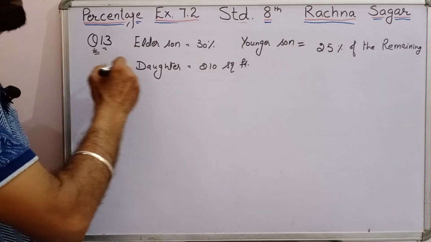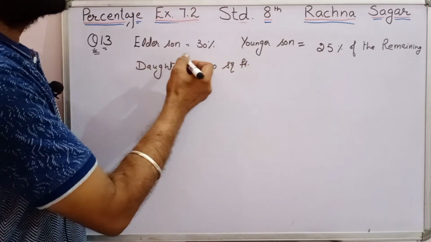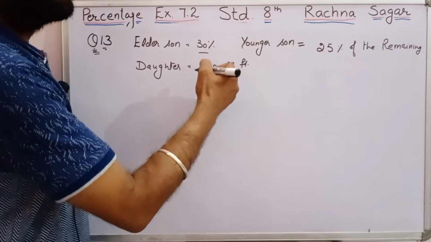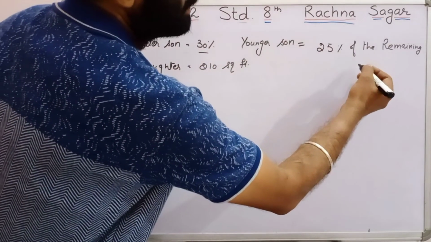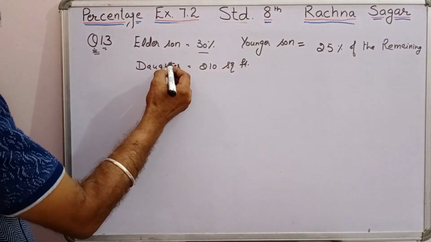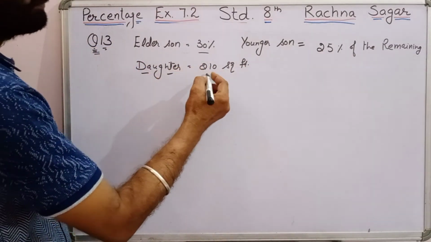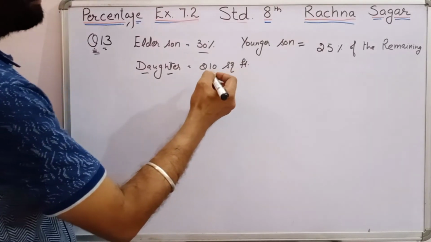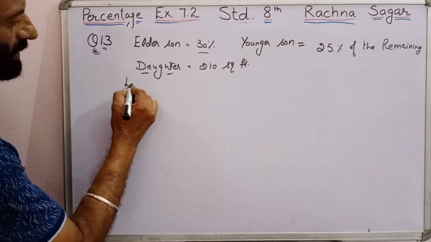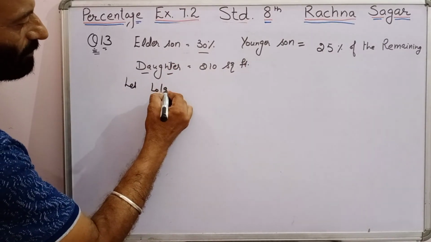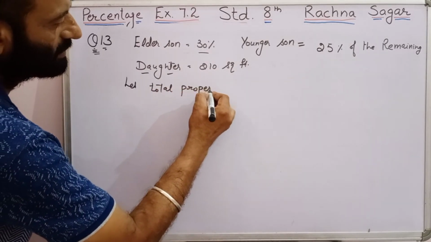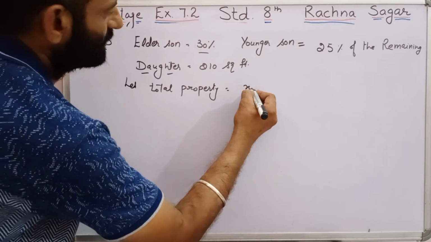Question number 13. A man distributes his property among his 2 sons and daughter. Elder son got 30% of the property. Younger son got 25% of the remaining property, and the rest of the property got daughter. Daughter receives 210 square feet of the property. Then what was the total property of the man? Let total property of the person be X square feet.